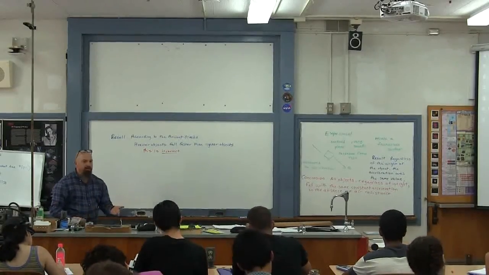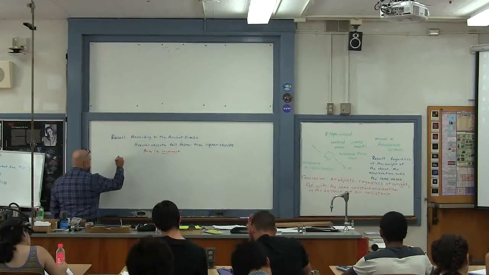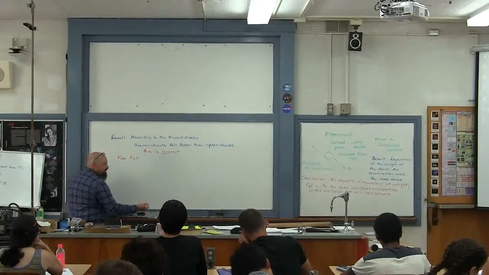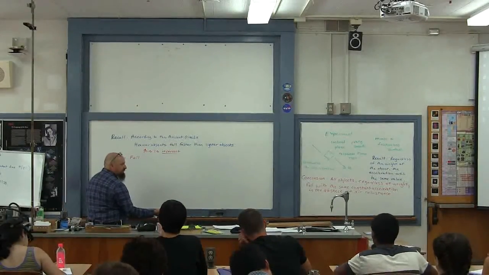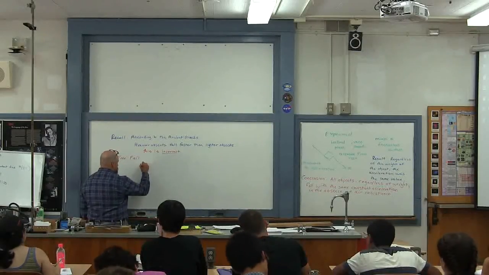Okay, what Galileo discovered, by the way, is referred to as free fall. An object in free fall falls with the same constant acceleration, regardless of weight, in the absence of air resistance.